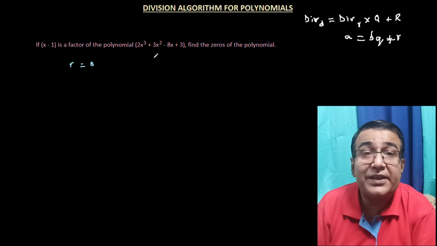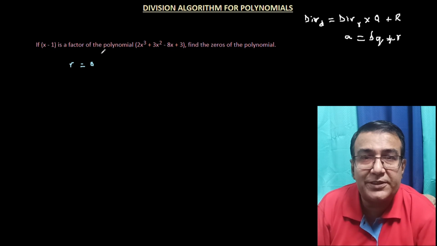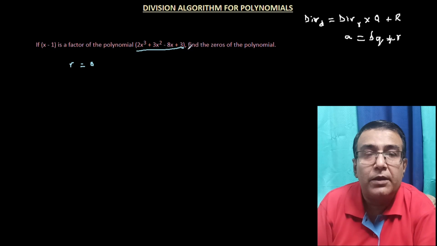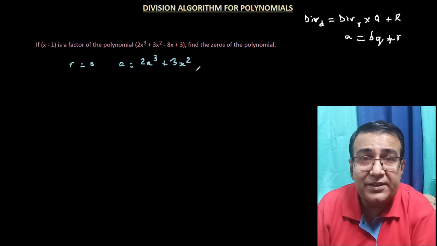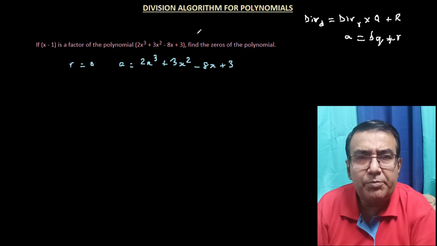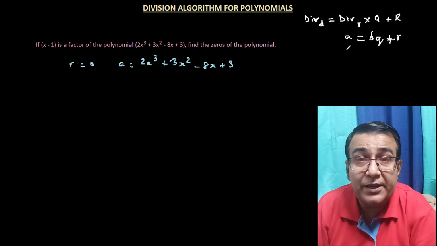And when this polynomial is divided by x minus 1, this polynomial being divided will be our dividend, which is a. So a will be equal to 2x cubed plus 3x square minus 8x plus 3. And b, obviously we know we are dividing it by x minus 1, so b, the divisor, will be equal to x minus 1.